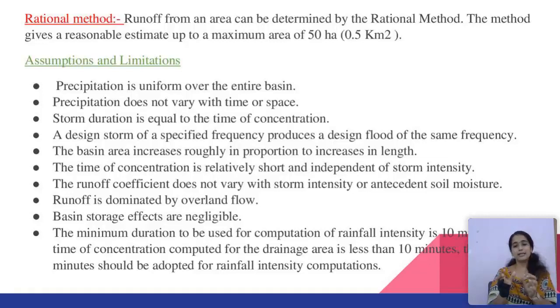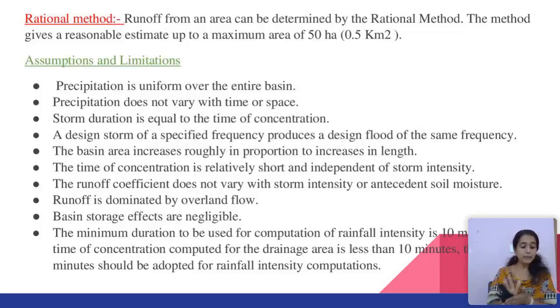We can't expect that type of assumption for a particular area. In the case of rocky strata or watertight strata, it will be okay. But if the soil is porous, then more absorption of this water will happen.